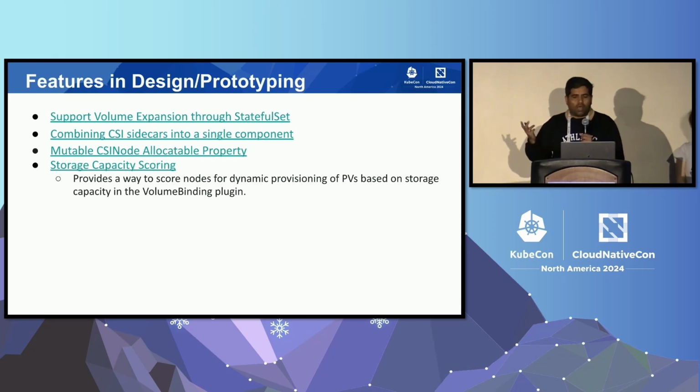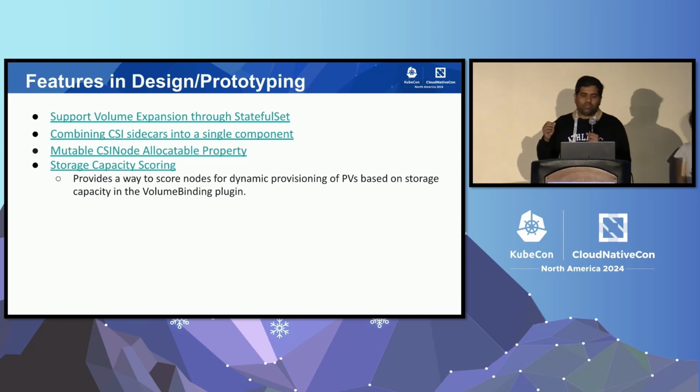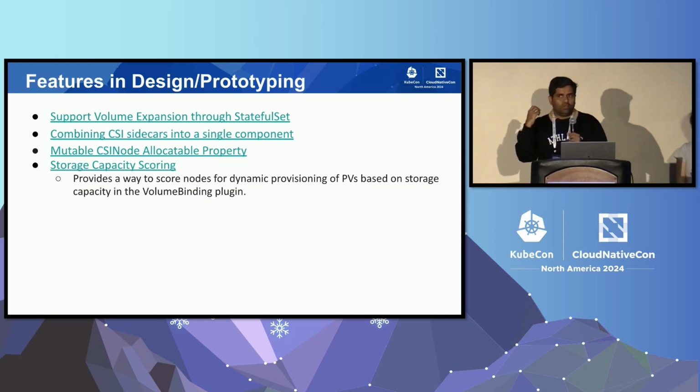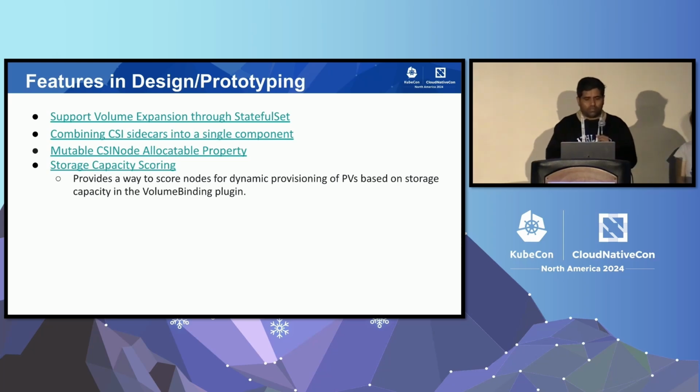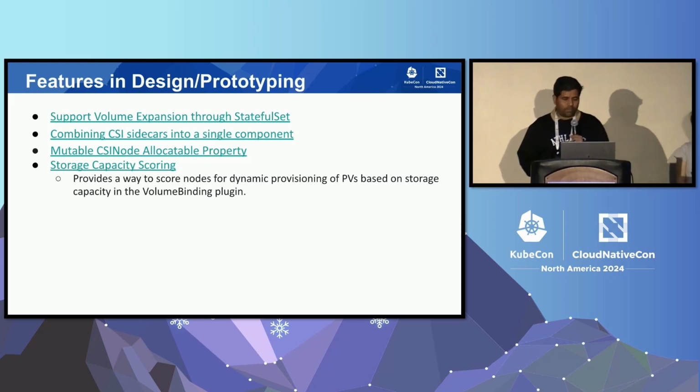You might have to take down the workloads. There has been a consistent demand to allow users to expand all the persistent volumes in use by a stateful set by directly editing the stateful set template. It's a difficult feature, but we have been working on designing this. Hopefully in 133 we'll have an alpha version of it.